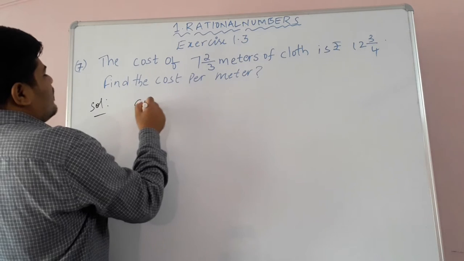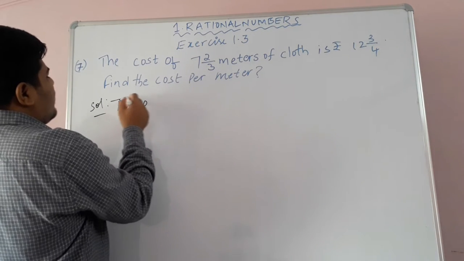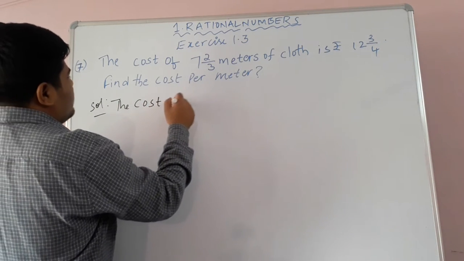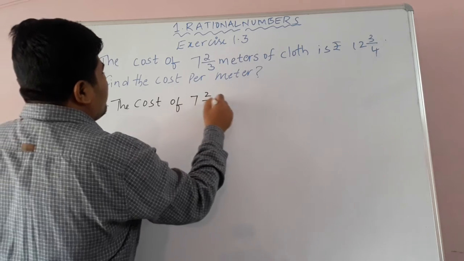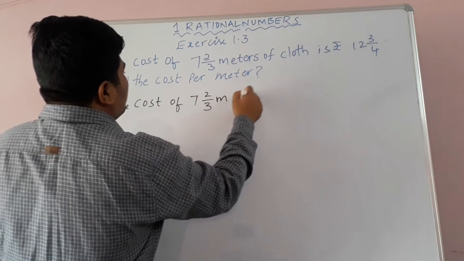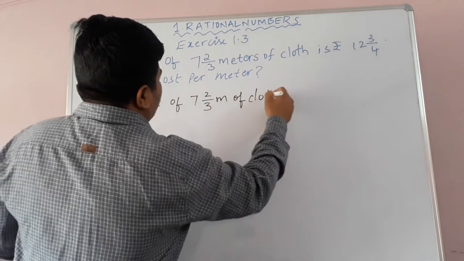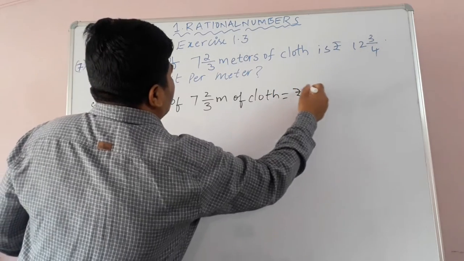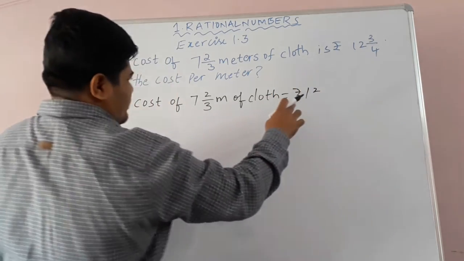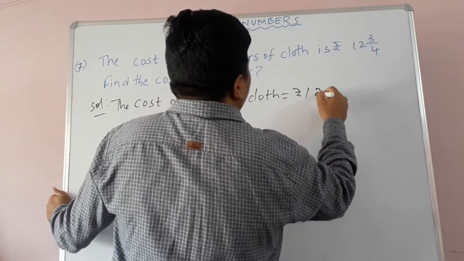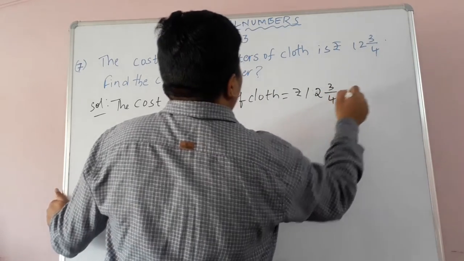The cost of 7 2/3 meters of cloth is equal to how much, children? Rupees 12 3/4.